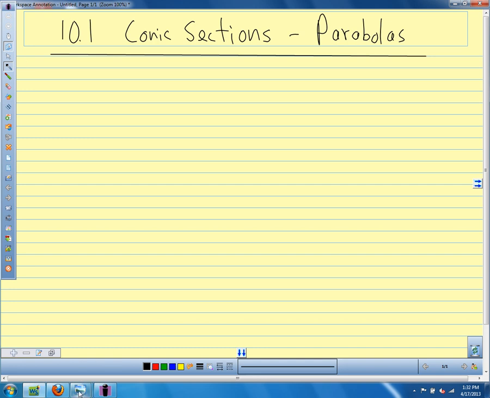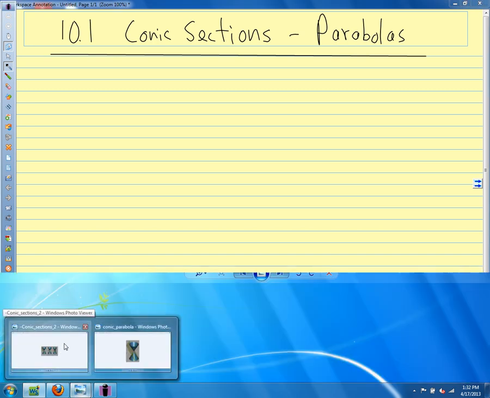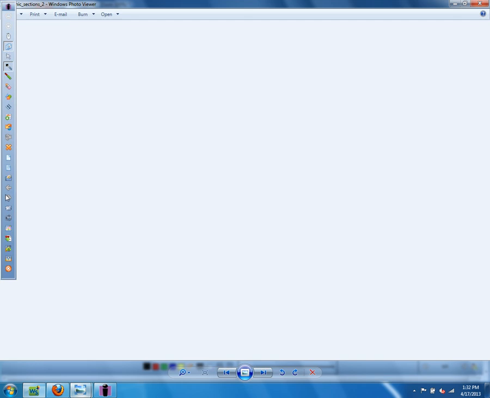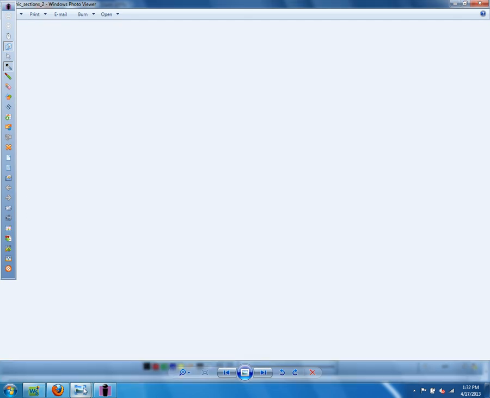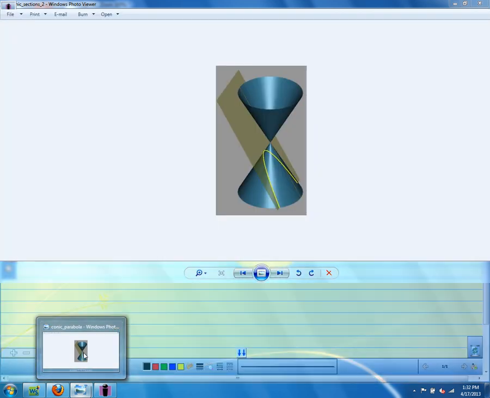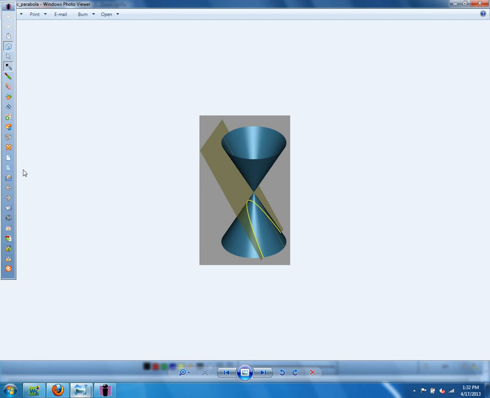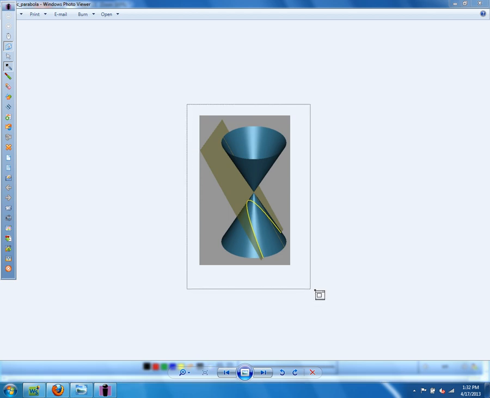So let me pull a picture up here, and we'll talk a little bit about why we call these conic sections.